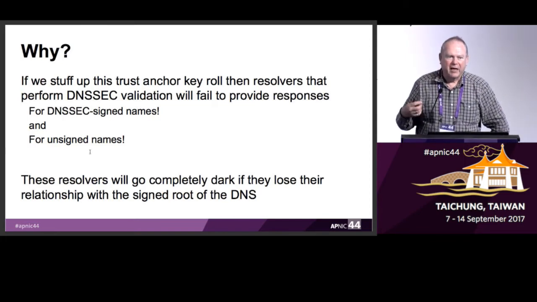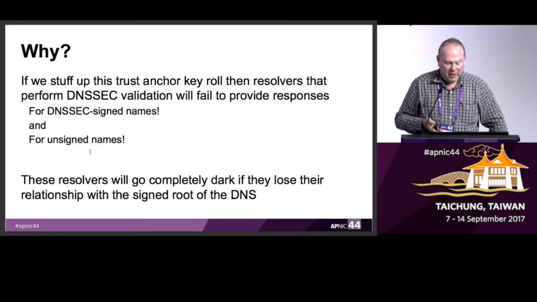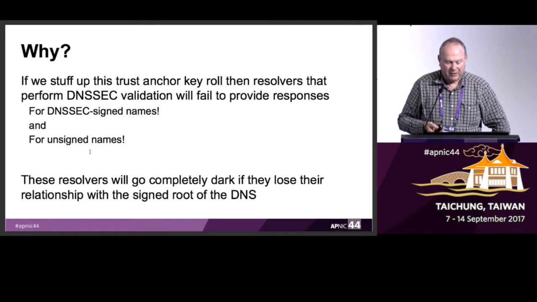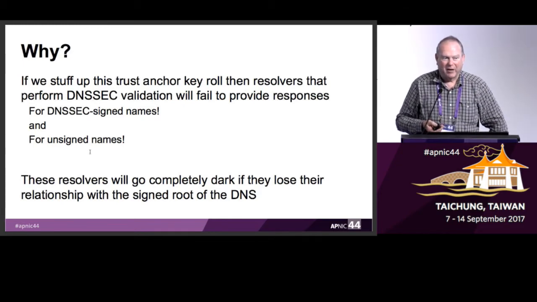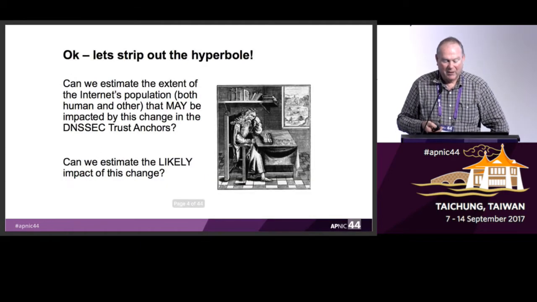Because they can't get the root in a manner that they need to trust because they're validating, they just don't answer anymore. So resolvers that perform validation will go completely dark if they lose their relationship with the signed root. That's the scary downside of this: if it goes wrong, those resolvers just basically turn off.